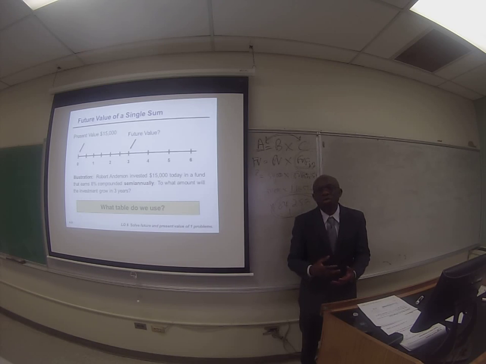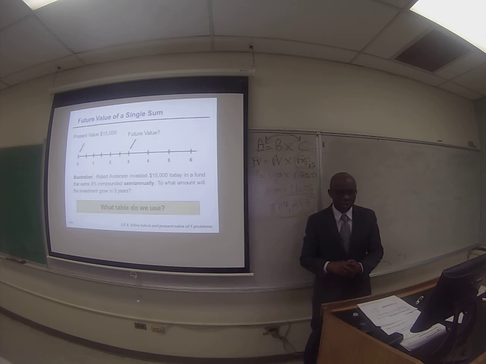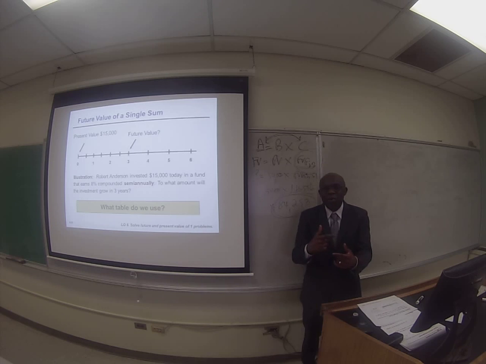And the question is, what is the future value? So we are going to compound this $15,000, this time semi-annually for 3 years. Now, because we are compounding this semi-annually, obviously the interest is going to be higher than when we compound the $15,000 annually for 3 years.